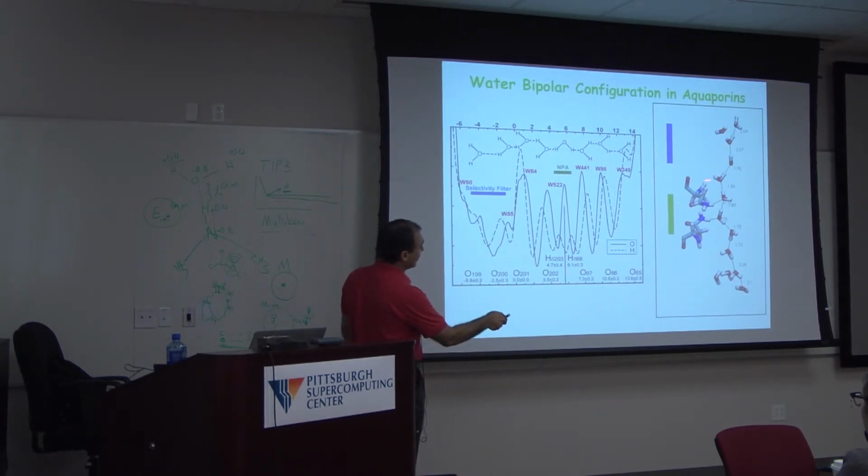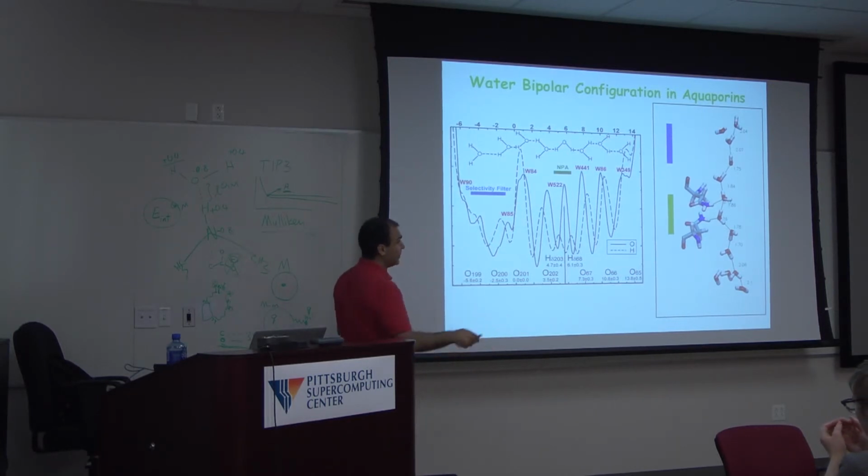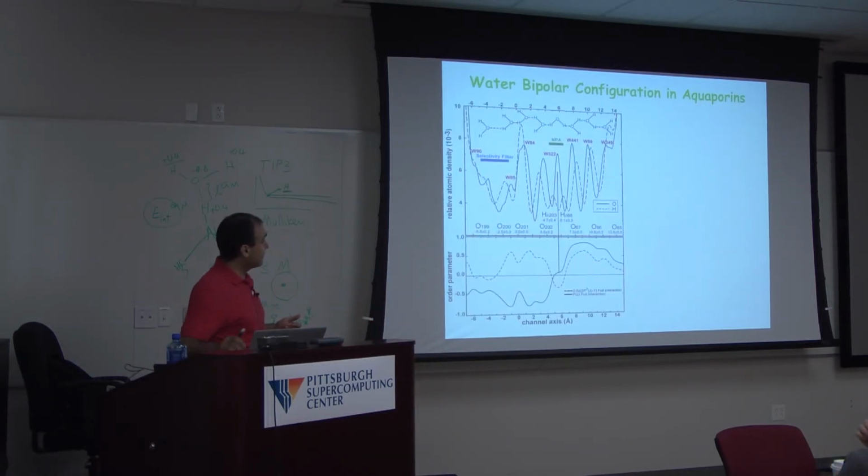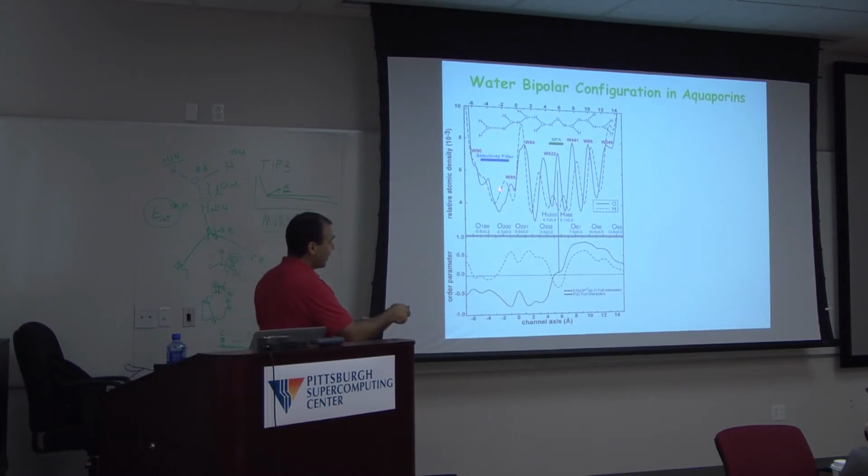That is represented by this hydrogen bonding pattern, and this is one of the representative frames showing this configuration. So you see, quantifying the effect and showing the representative picture so people can quickly understand what it is. Then we also looked at the dipole moment of water along the channel axis, and you can see that clearly it flips at the center. So we're nicely quantifying the effect.